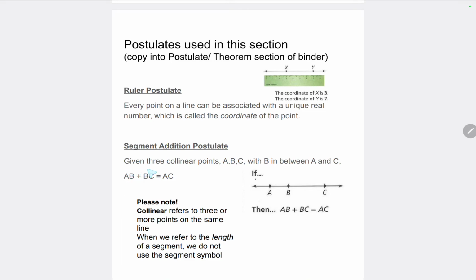Now, if I'm given 3 collinear points, which lie on the same line, A, B, and C, with B in between A and C, then AB plus BC is equal to AC. Please notice here that I'm talking about the lengths of segments. I am therefore not using the segment symbol. I also have an equal sign.